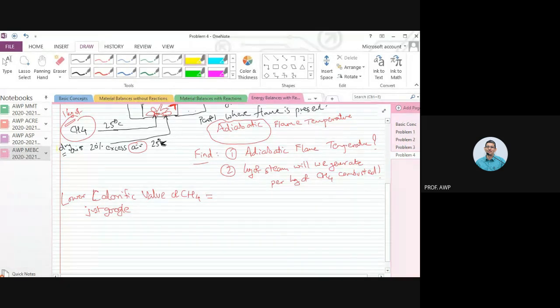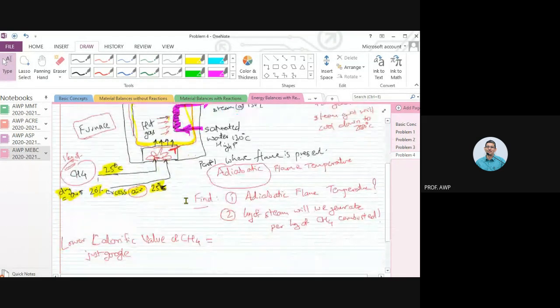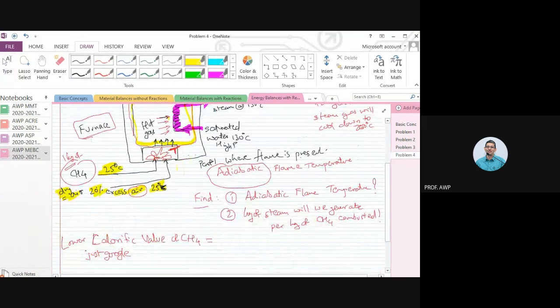I'm doing you a favor. It is going to contain 20% excess air we are supplying. That is also at 25 degrees centigrade. Water is nowhere condensing. So therefore lower calorific value. All the heat generated is going in increasing the temperature of the gas, the adiabatic flame temperature.